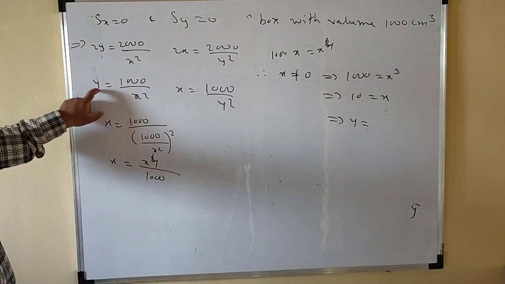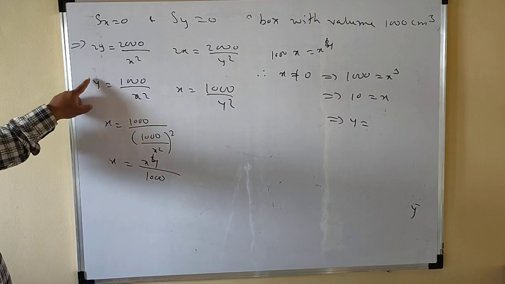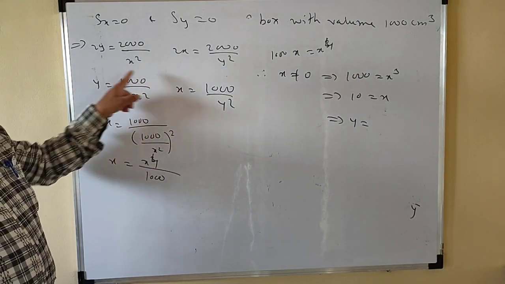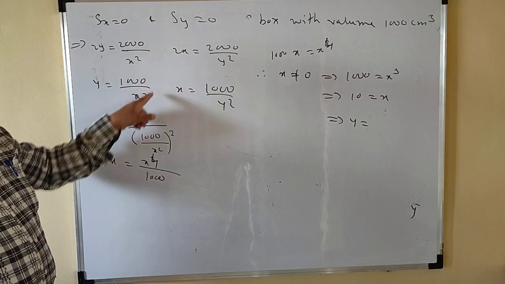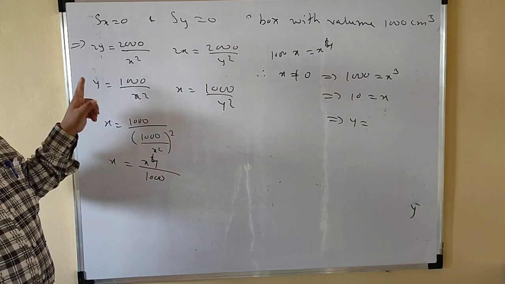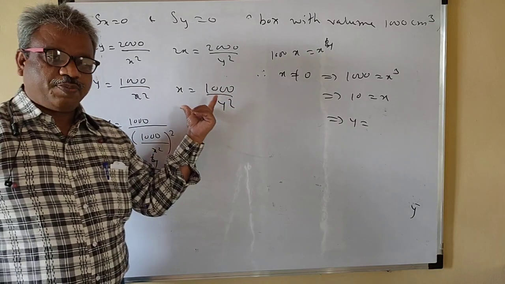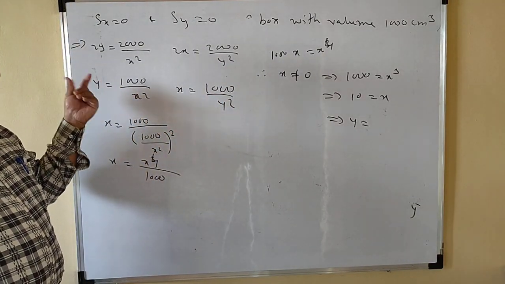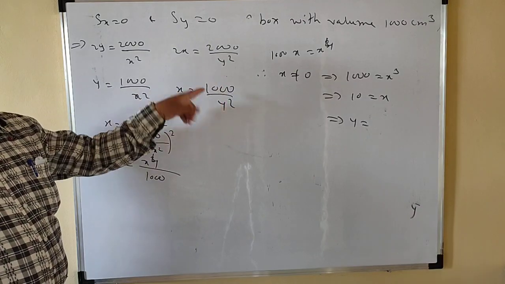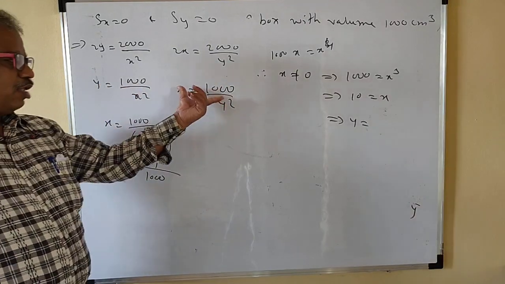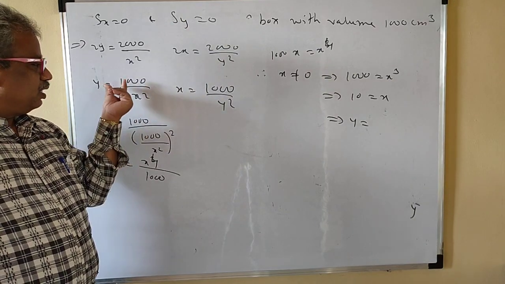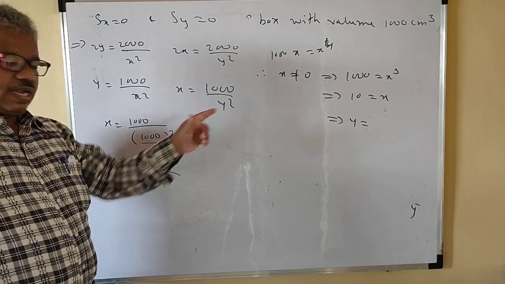So if you put x is equal to 10, this implies that y is equal to, we have to put x to find the value of y. I use this equation to find the value of y. Don't find the value of y from the other equation, because with the help of that equation, with the help of this y, you are getting x.